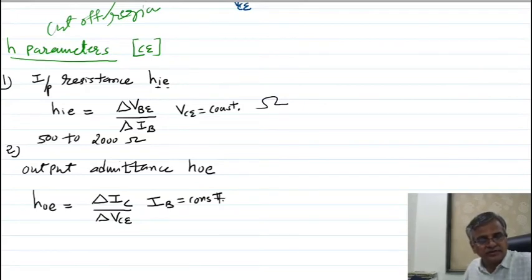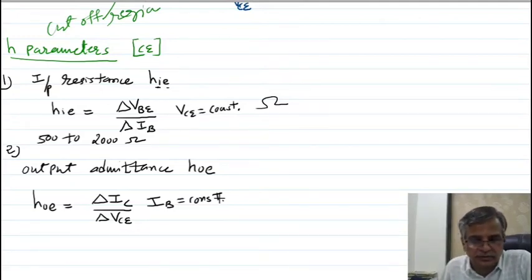Output admittance is the ratio of change in collector current to the corresponding change in collector emitter voltage for a constant input base current. Its unit is mho.